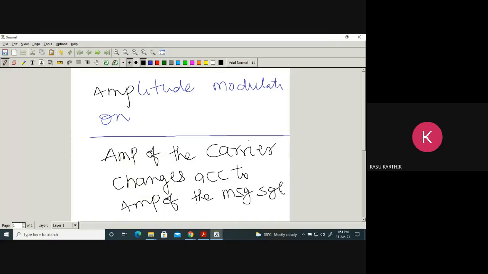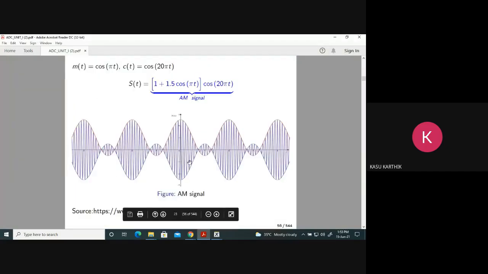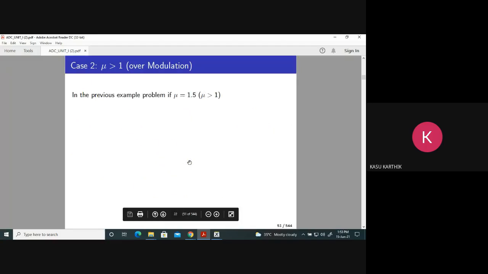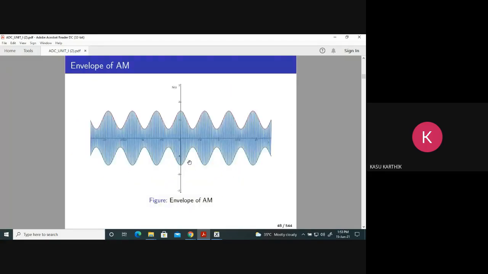This is simply called amplitude modulation. You can verify here, isn't it? What's happening here? The amplitude of the carrier is changing according to the amplitude of the message signal.